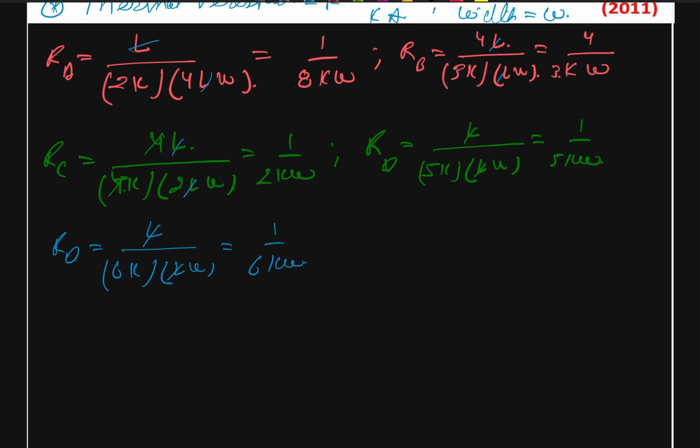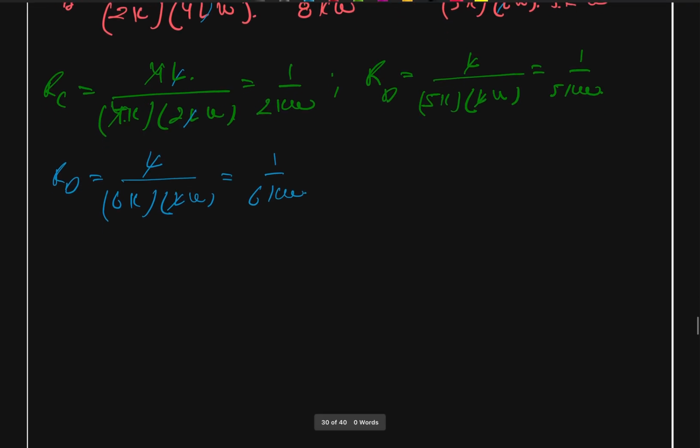And we can find the ratio so that we are able to get some values, because this KW, KW and KW are constant with each other.